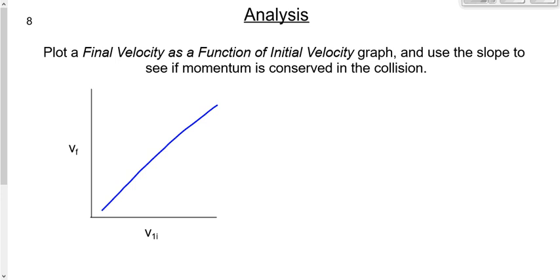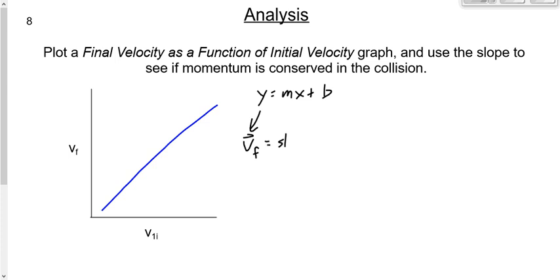Here's what I want you to do. Write down y = mx + b. Why? Because this is a straight line graph, and every straight line graph is represented by y = mx + b, right? Then substitute Vf, the final velocity, for y, because the y-axis is Vf.